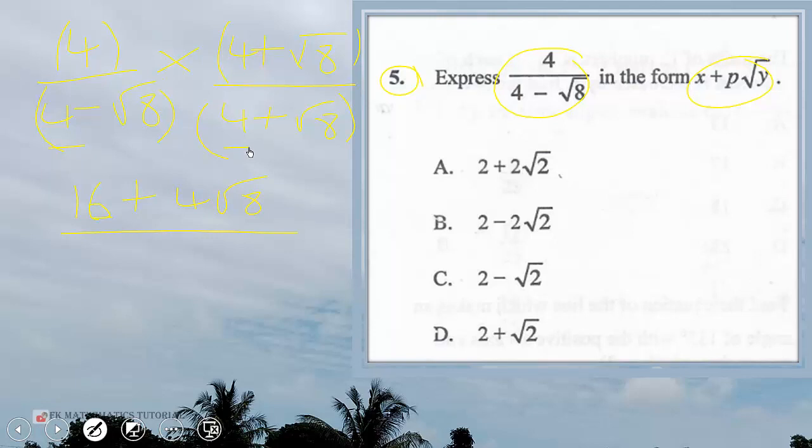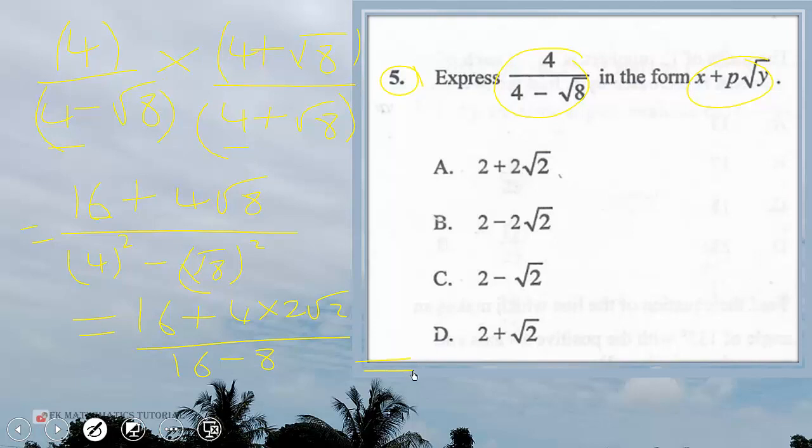So difference of 2 squares, that will be 4 squared minus root 8 squared. So 4 root 8, the root 8 is the same as 2 root 2. We get 16 plus 4 times 2 root 2, all over 4 squared is 16 minus 8.